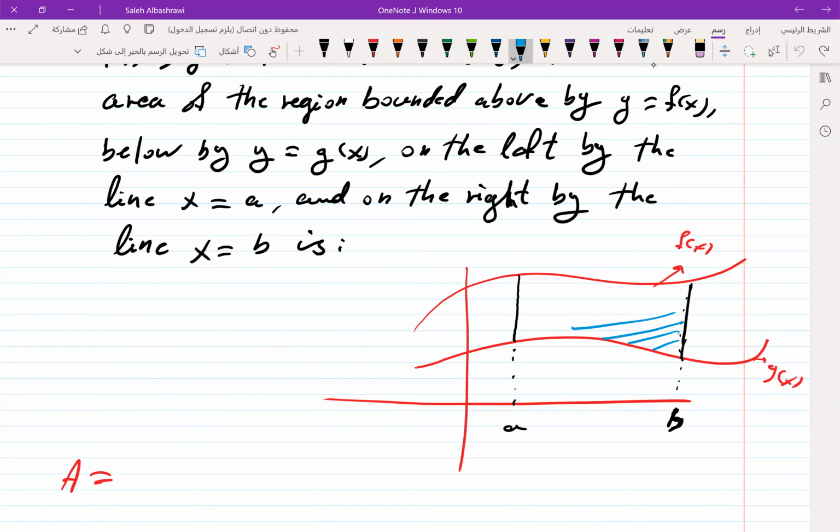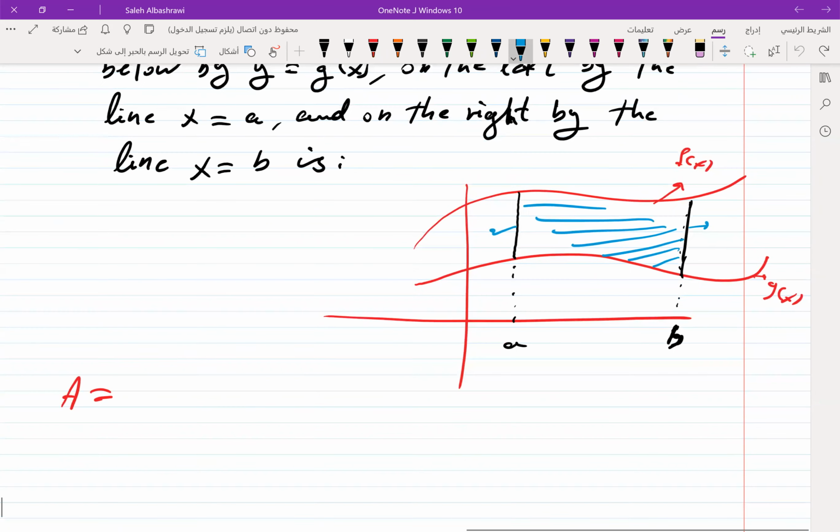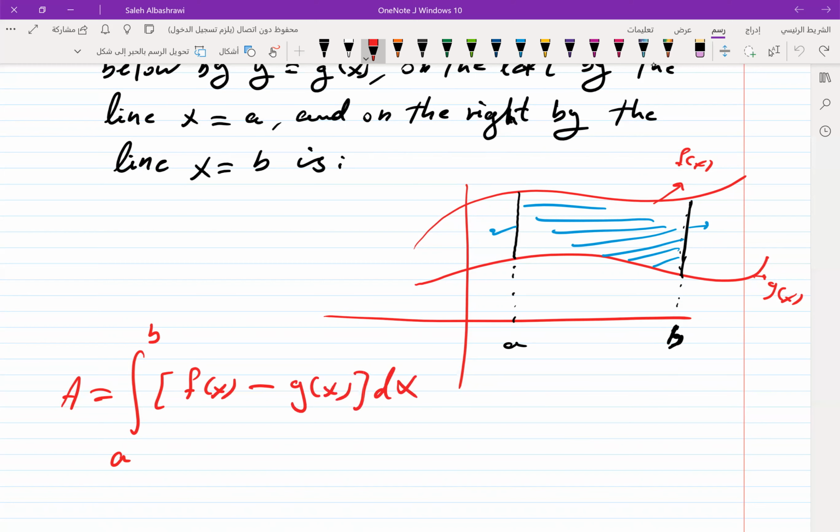bounded by the function f of x from above and down by g of x, from the left by the line x equal to a, this one, and from the right by the line x equal to b, is given by the integration: A equal to this definite integral from a to b of the difference of the upper function minus the lower function dx.